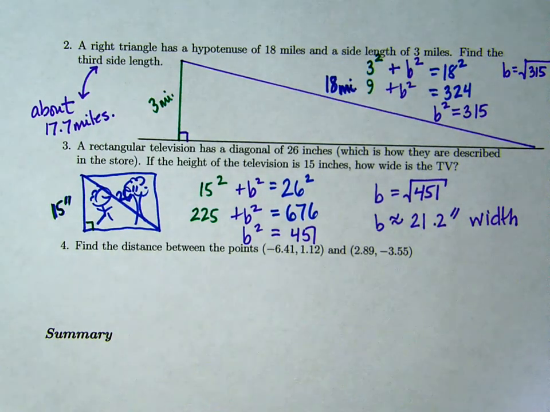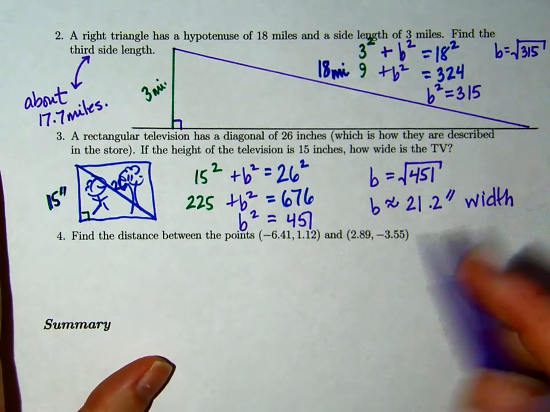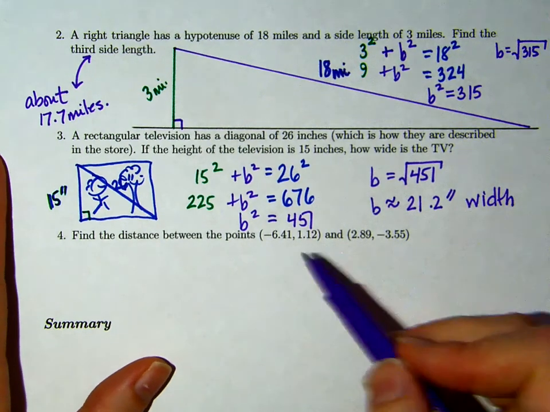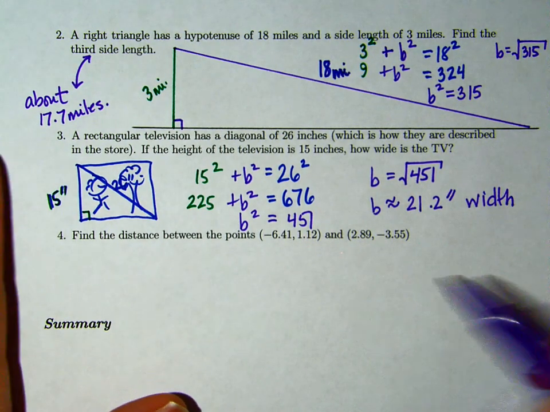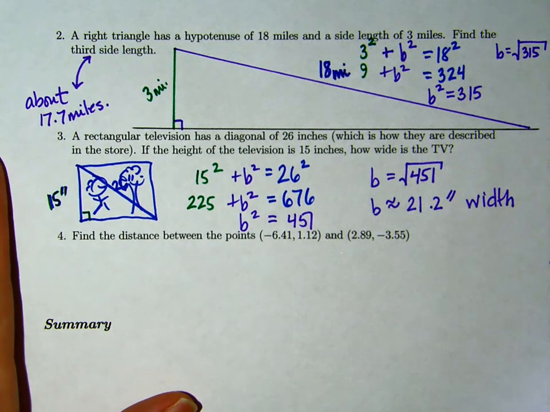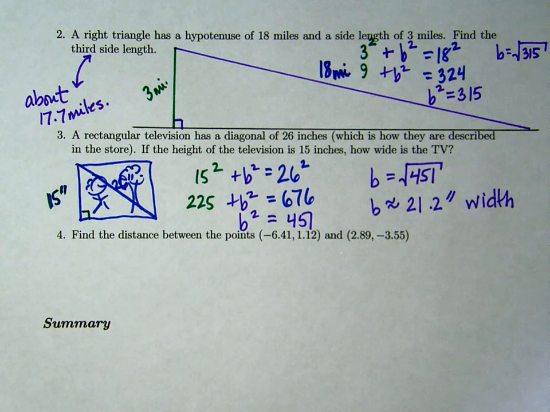Got it. Find the distance between these two very precise, randomly located coordinate pairs. Now this to me looks like longitude and latitude. So let's do it.